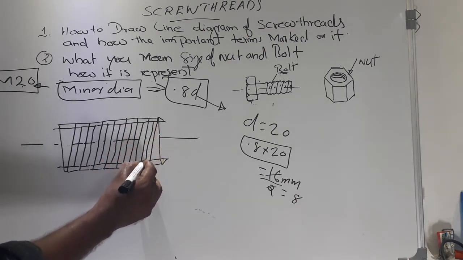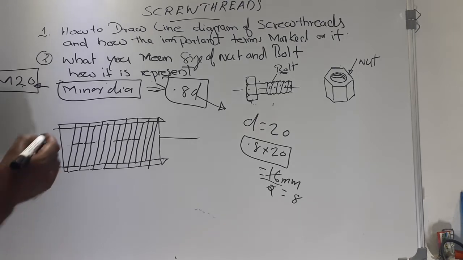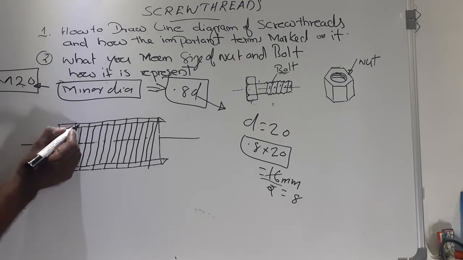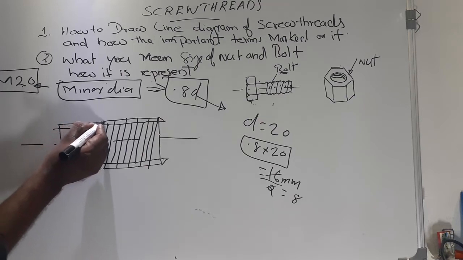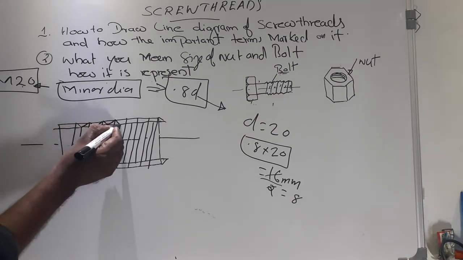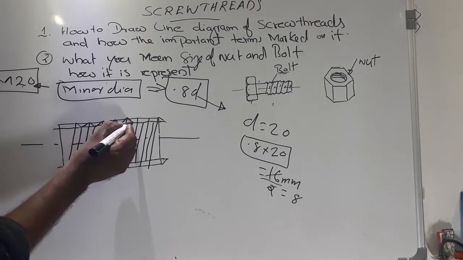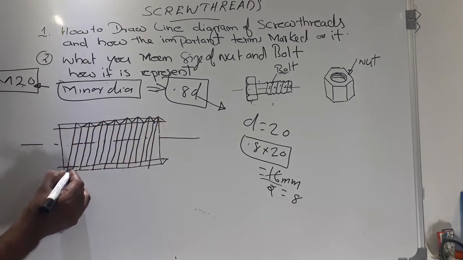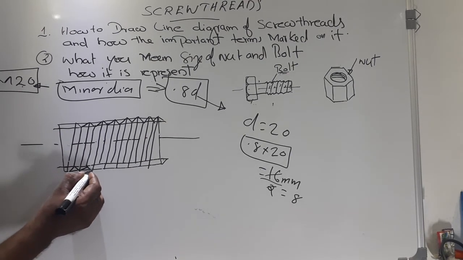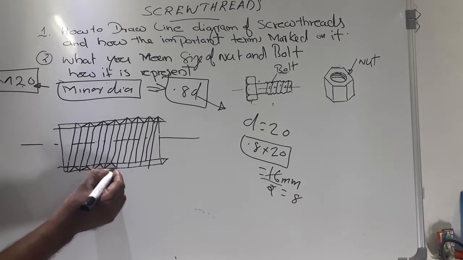Then we have to complete all the core part. Now connecting the upper and lower portion using an inclined line. This means the form of threads, V threads.